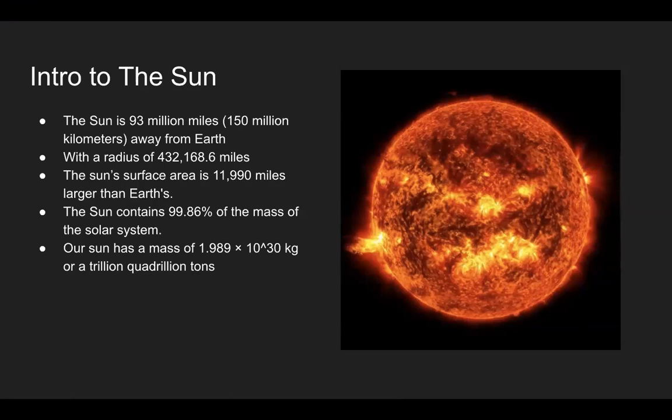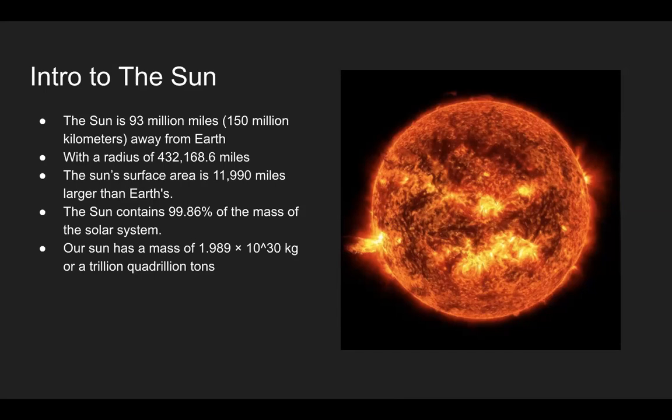The sun's surface area is 11,990 miles larger than Earth's. The sun contains 99.986% of the mass in the solar system. And the sun has a mass of 1.98 times 10 to the 30th power kilograms, or a trillion quadrillion tons.